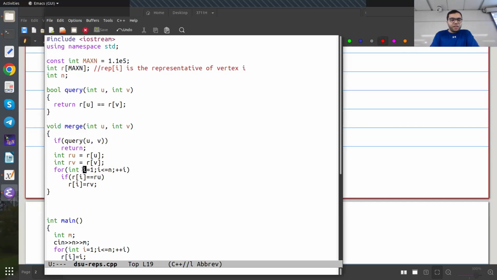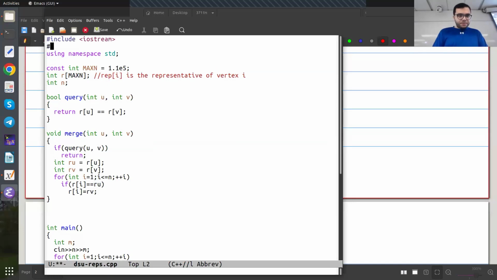And basically for every item, I'm asking, are you in this set? If so, go to the other set, right? But I don't have to do this. I can just keep track of the set of items that are represented by U, and then I can just go over them and change them. So this would be a tiny difference, but let's do it.